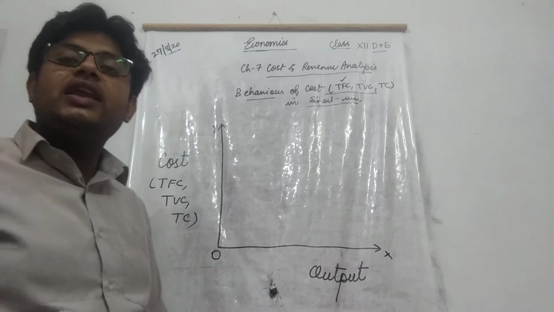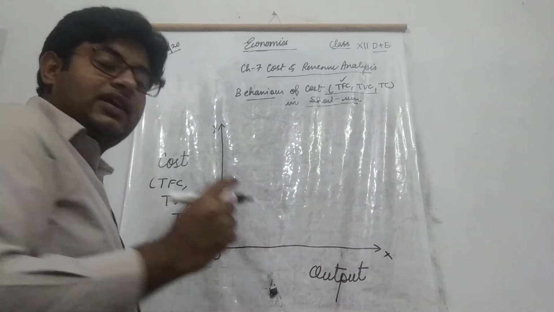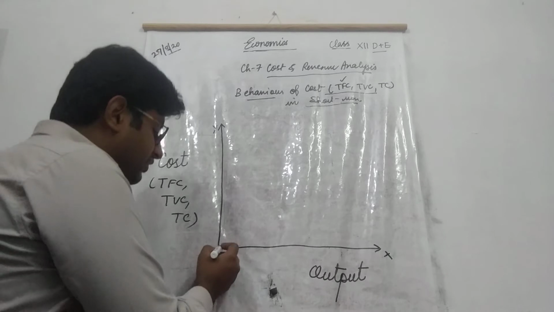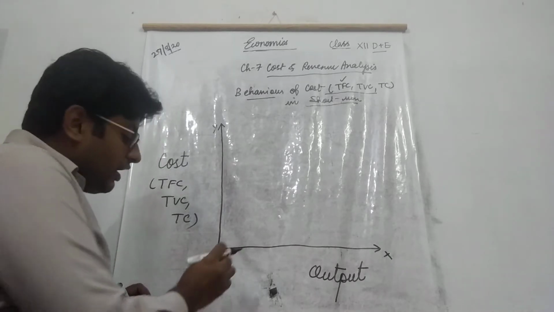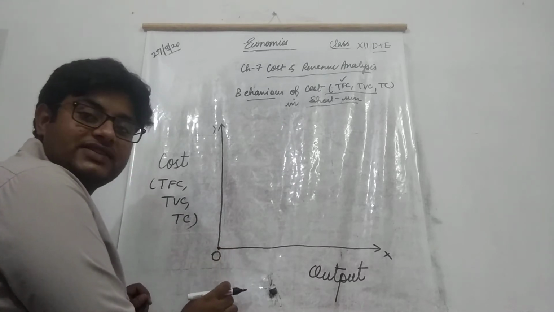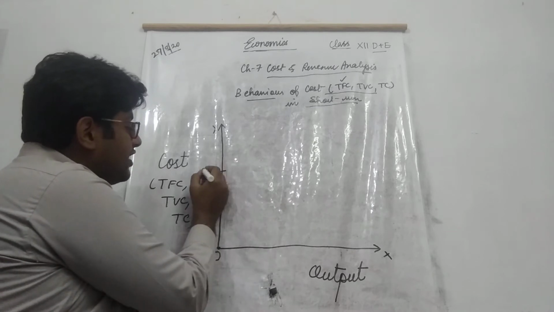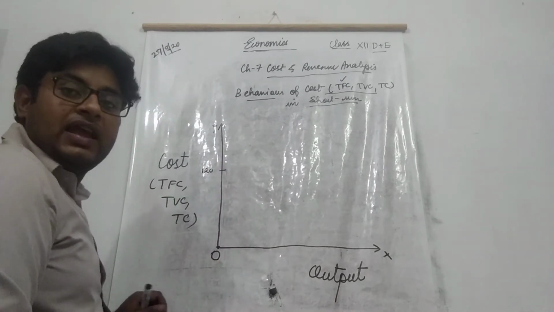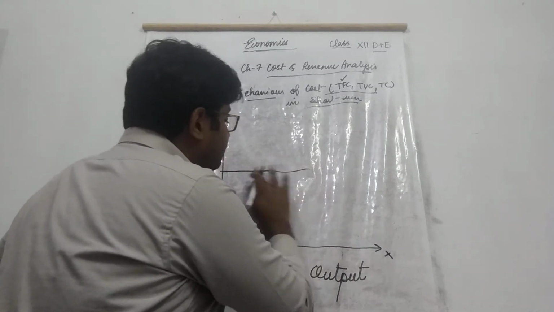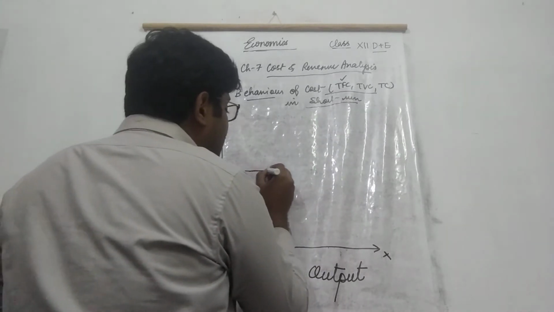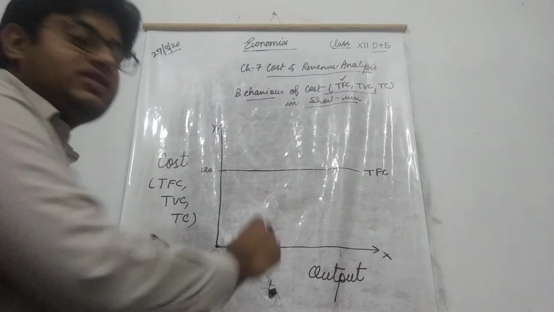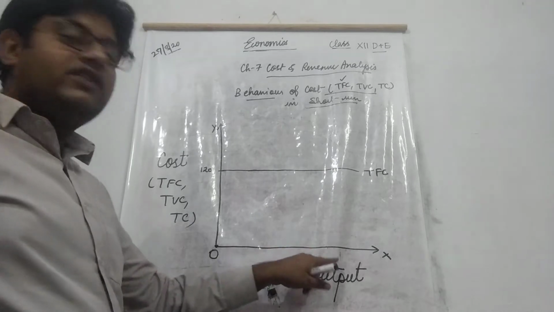So whenever we are drawing any constant curve, and in our example the value of total fixed cost was 120. This point, that is your origin point, at this point your output is 0. At this point your output is 0 and your total fixed cost, for example, was 120 and it was constant all through. So we will draw a straight line parallel to the x-axis, showing that the total fixed cost remains constant irrespective of the output level.